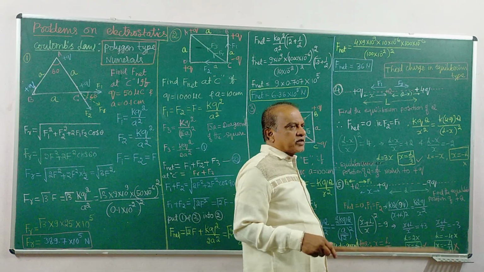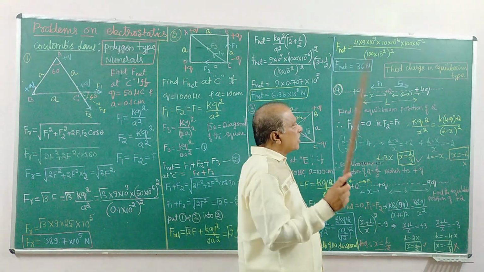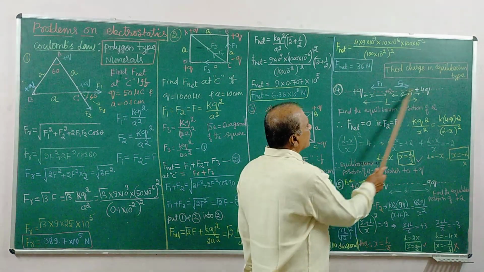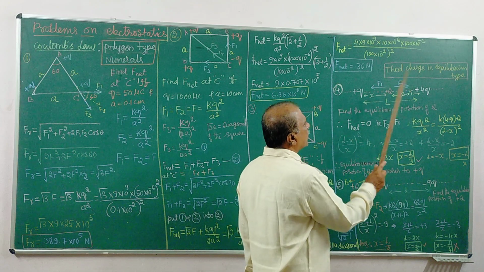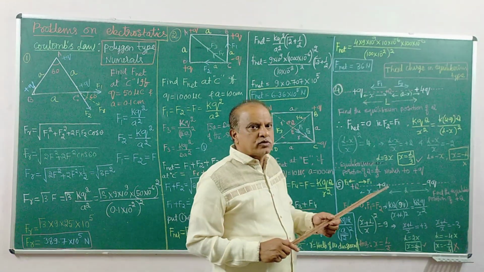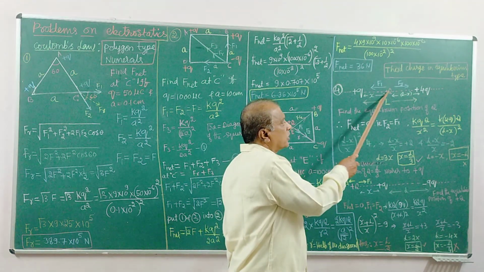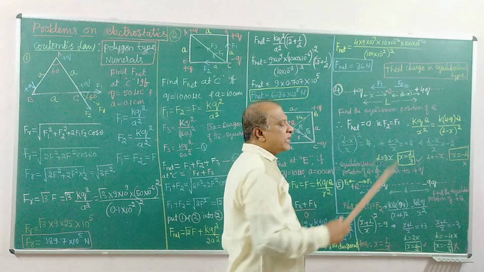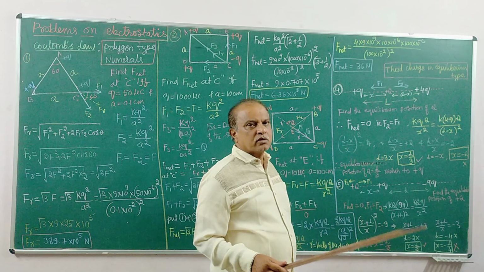If one more charge comes along the same line, at any point on the same line, we need to find out what would be the equilibrium position of that third charge. What is meant by equilibrium position?